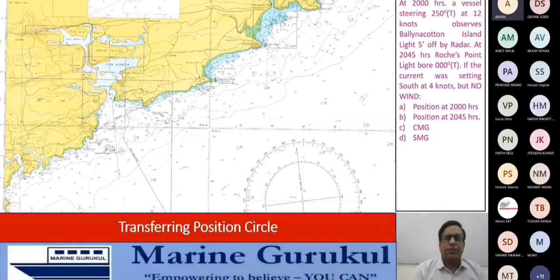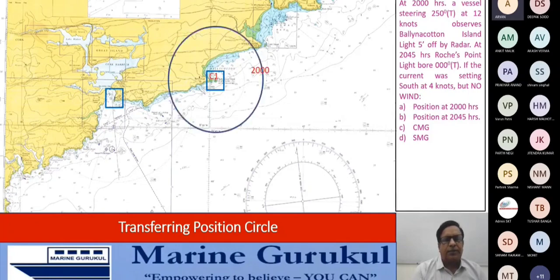Since the current has to be factored, we ask a question: counteracting or allowing. CTS known, CMG to find, so obviously it's allowing. So we first draw the first position circle, with C1 as center and 5 miles as radius, and we get the 2000 hour position circle.